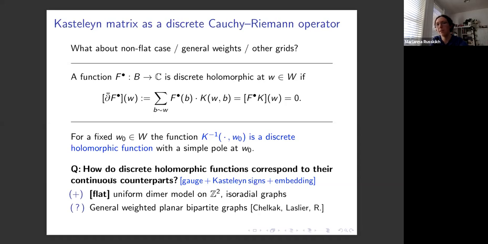The best known ones are on the square lattice, and we just discussed them. In this case, things work smoothly. What about general weighted planar bipartite graphs? Is there a way to embed them in such a way that the Kasteleyn weights given by the geometric picture also describe a nice discrete version of the d-bar operator?